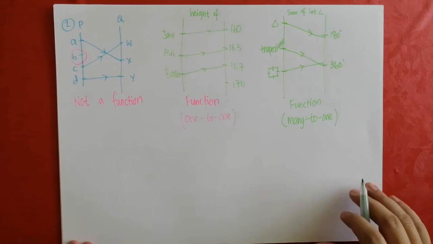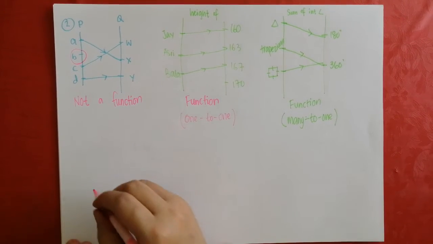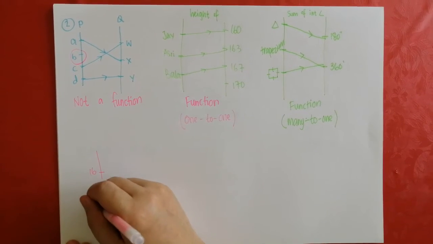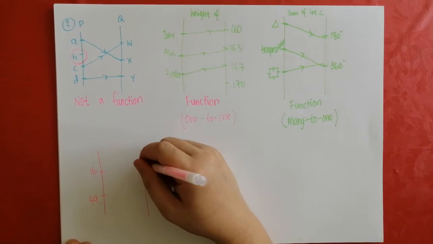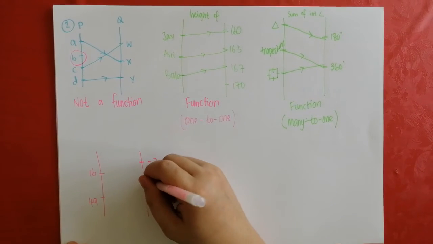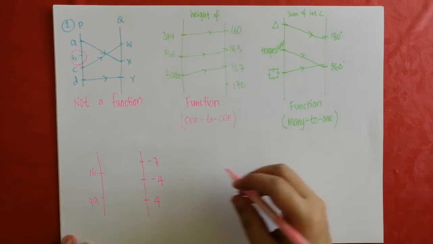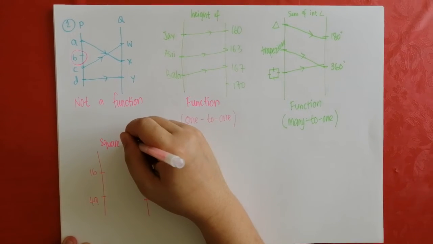Then the fourth example there. If you have 16 and 49 with the images of -7, -4, 4, the function is square root of.